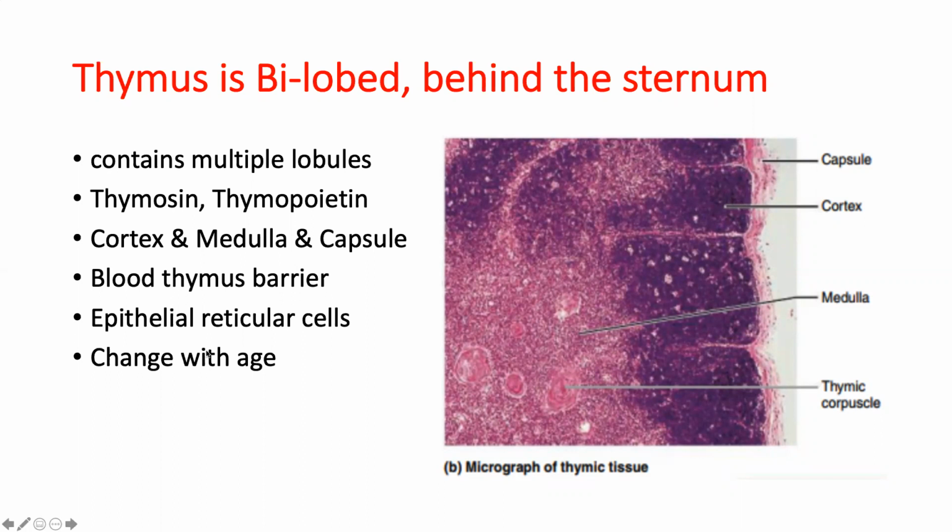So inside the thymus gland, we do have epithelial cells for the maturation of these lymphocytes. There will be less or no reticular cells. And the thymus gland is keeping the immature lymphocytes.